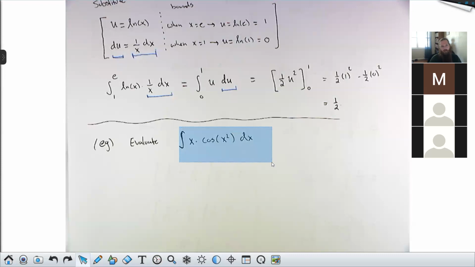When I look at this guy, specifically when I look at the integrand here, my focus is drawn to the cosine, right? This x, I'm not going to pay attention to him right now. I look at this piece and I notice that it has an outer and an inner. And also, the derivative of this inner is a constant multiple of the x over here.